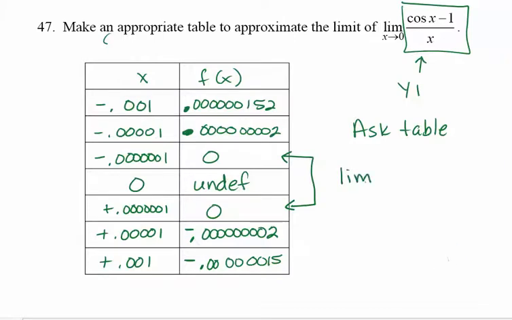So I think we have a convincing table here to suspect that the limit of cosine x minus 1 over x as x goes to 0 is 0. Even though it's undefined at 0, there's a hole in the graph, but we suspect the hole in the graph will be at (0, 0). And this is going to also become a theorem that we're going to memorize in future assignments.